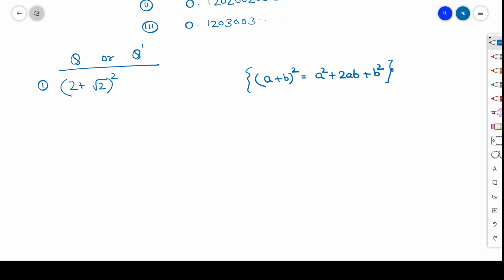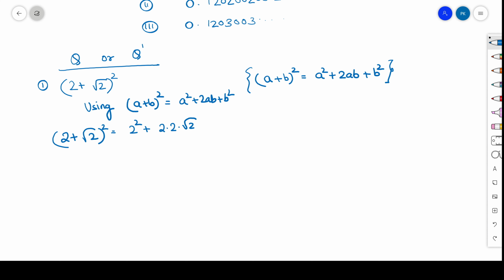So we will say, using a plus b the whole square is equal to a square plus 2ab plus b square, we get 2 plus under root 2 the whole square is equal to 2 square plus 2 into 2 into under root 2 plus under root 2 the whole square. That is equal to 4 plus 4 root 2 plus 2. That is equal to 6 plus 4 root 2.